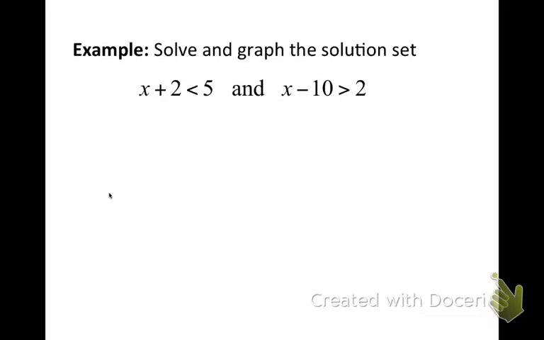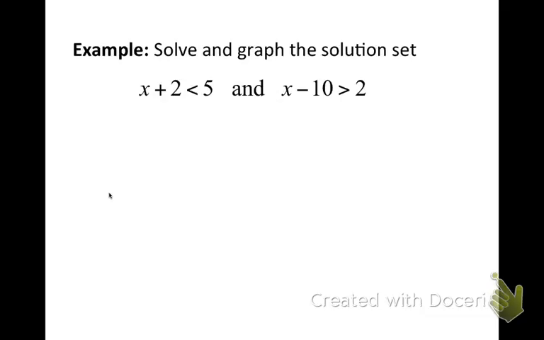x plus 2 is less than 5, and x minus 10 is greater than 2.